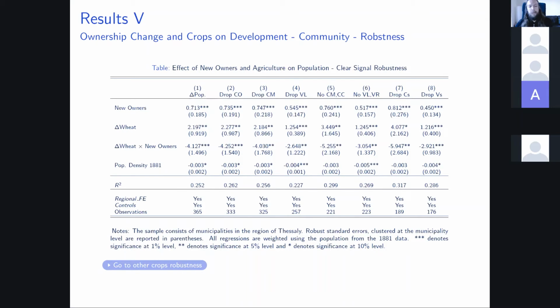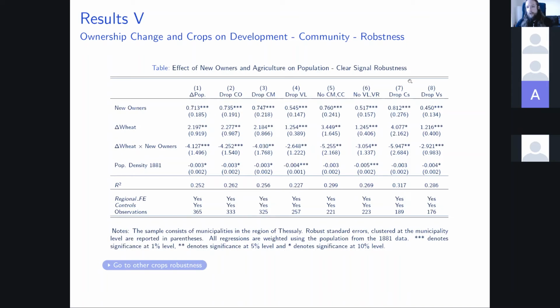But the main point here is that when we drop different communities from our samples, for instance the Ottoman sieves or the mixed ownership or the free villages, you can see that the sample is much smaller, but again, the joint effect is negative and statistically significant.